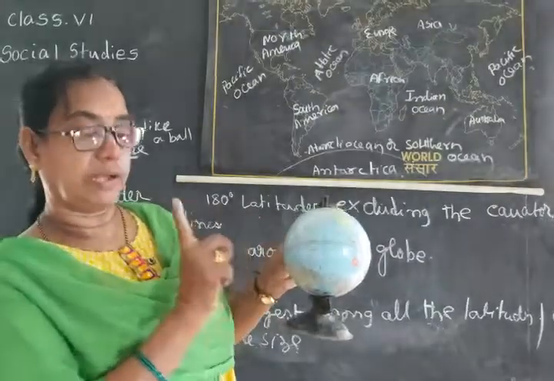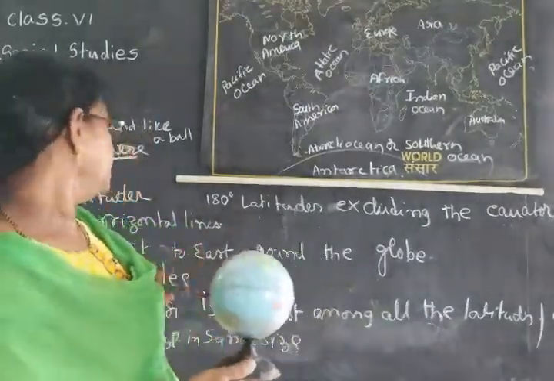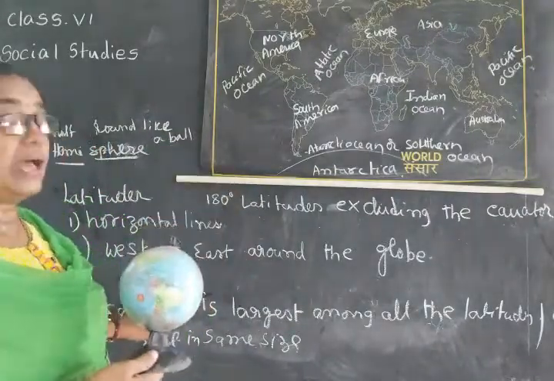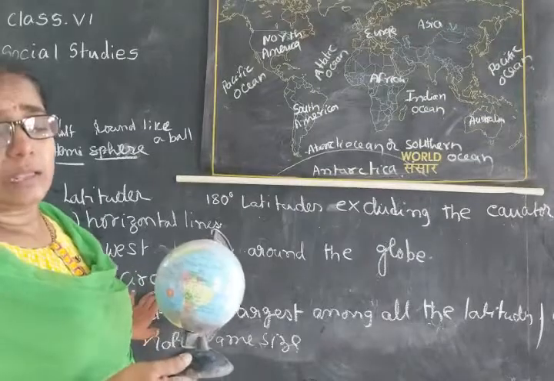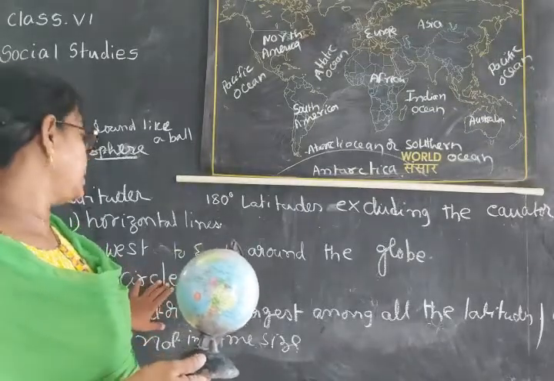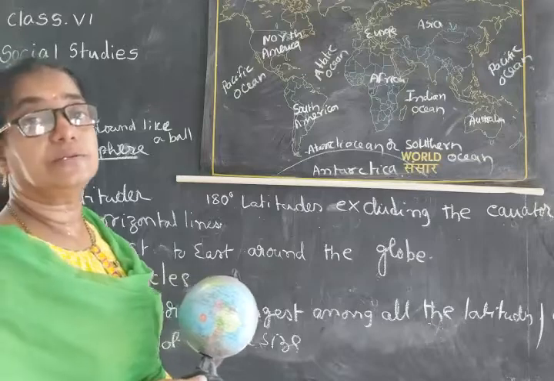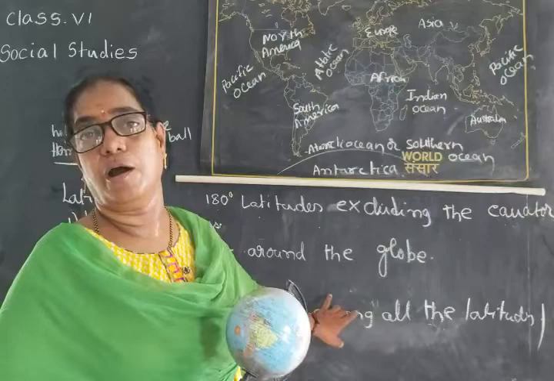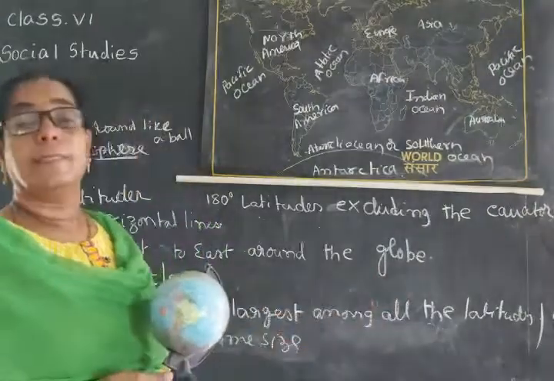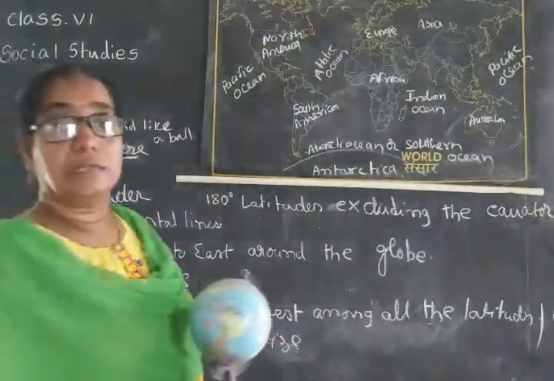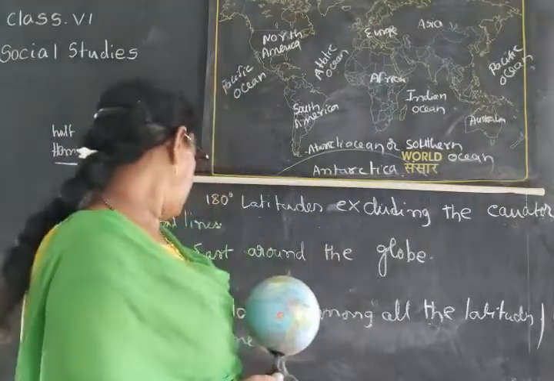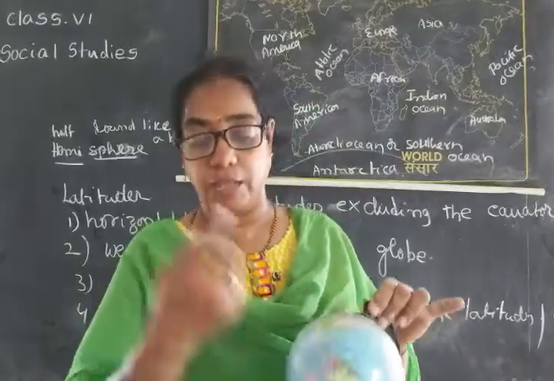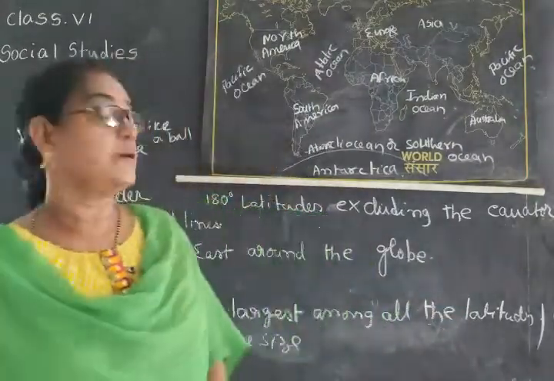They are drawn at 1 degree interval, from west to east around the globe, and the shape of the latitudes is a circle. Among all the latitudes, the equator is the largest, and it is also called 0 degree latitude. The latitudes are not the same size. This is about the latitudes.